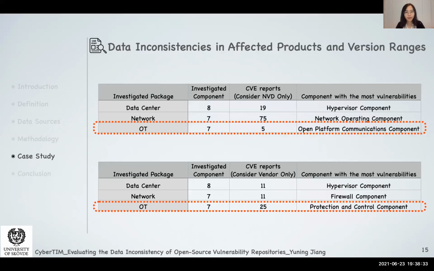For example, in the OT system, the open platform communication component has the highest amount of vulnerabilities when considering only NVD entries. When taking into consideration only the vendor entries, however, the protection and control component contributes the most vulnerabilities.